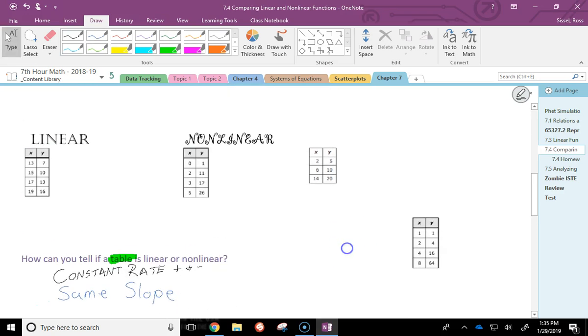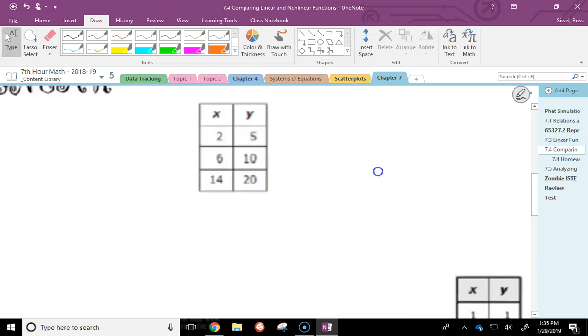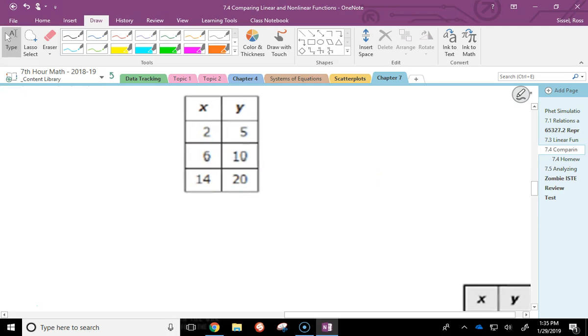If I look at this new one, remember to do slope, slope is y2 minus y1 over x2 minus x1. The way we check this in a table is we have to choose 2 sets of points. So I'm going to use this and this.